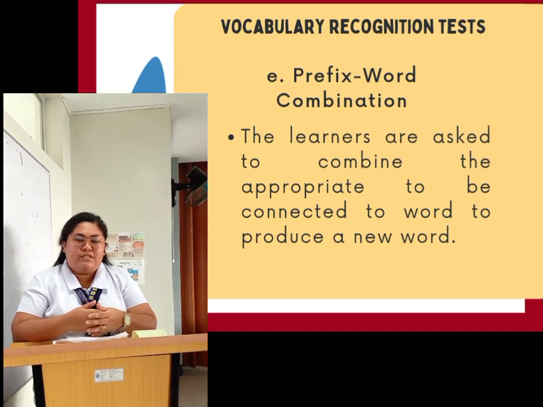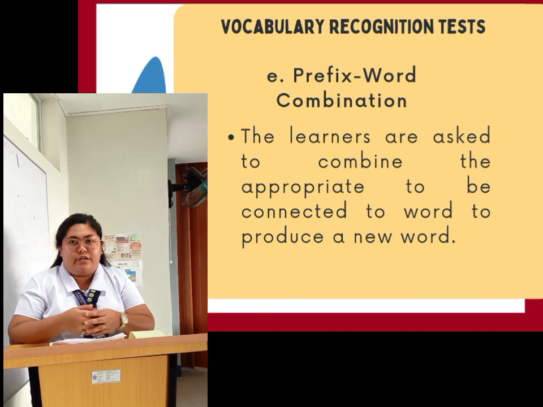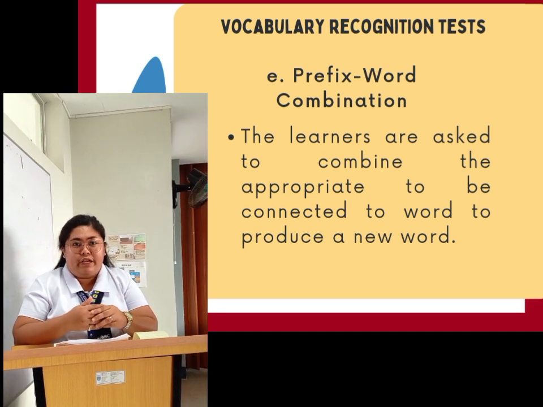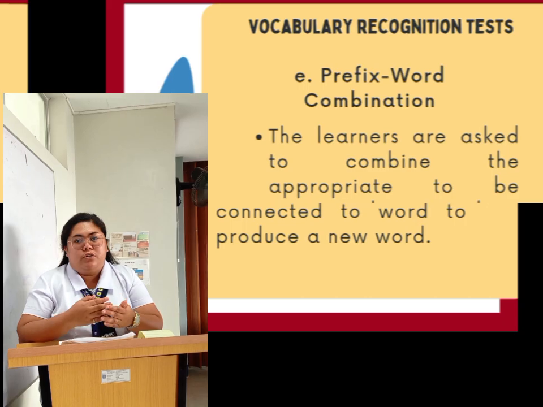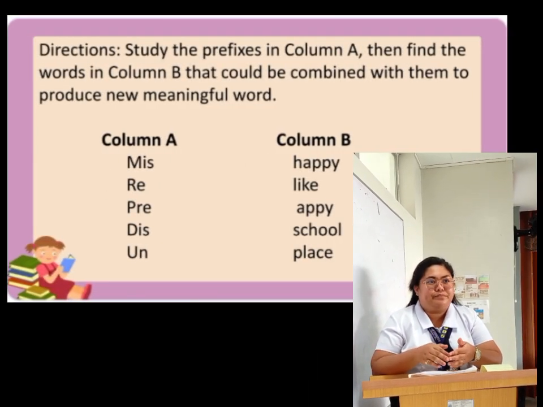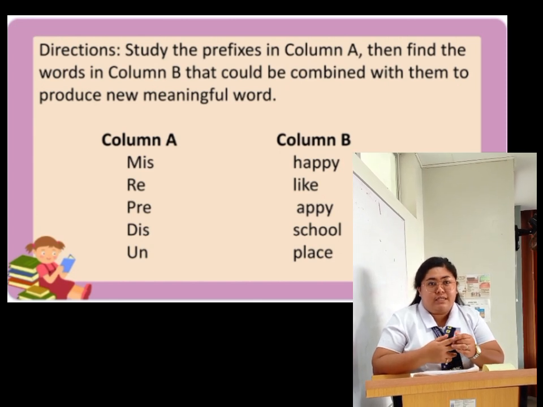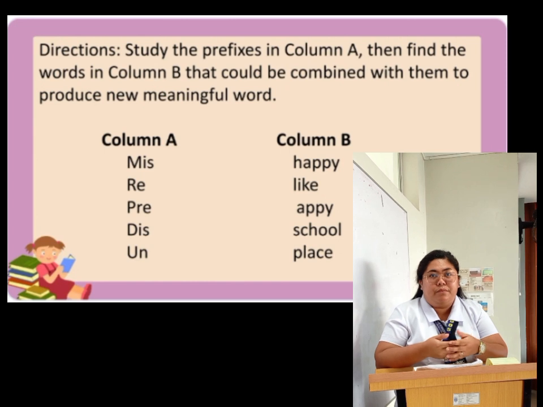The next one is prefix word combination. The learners are asked to combine the appropriate prefix to be connected to a word to produce a new word. Here's our example. Direction: study the prefixes in column A, then find the words in column B that could be combined with them to produce new meaningful words.